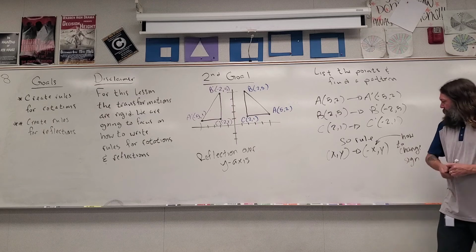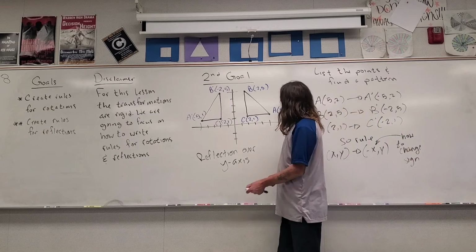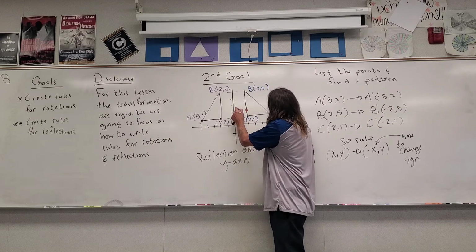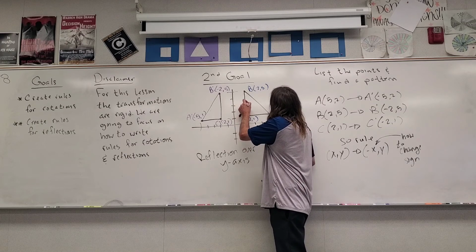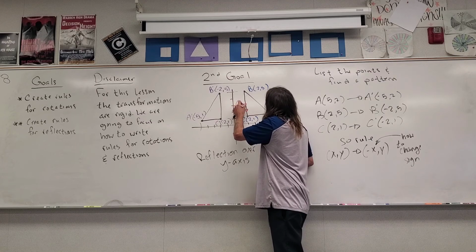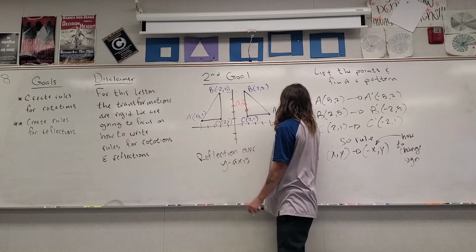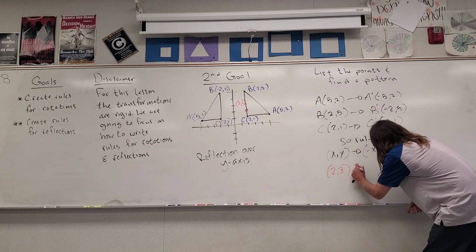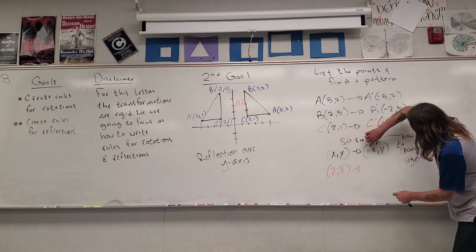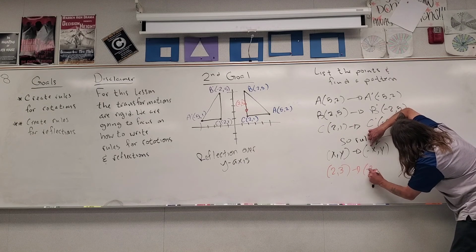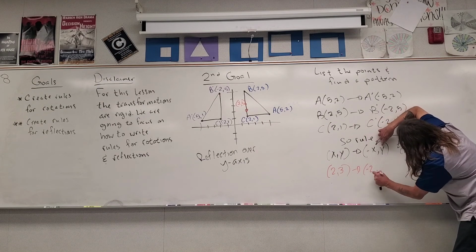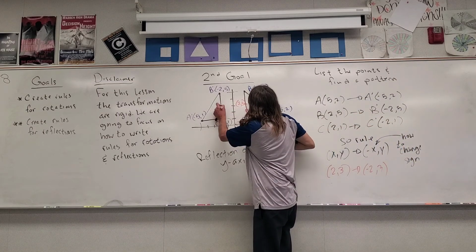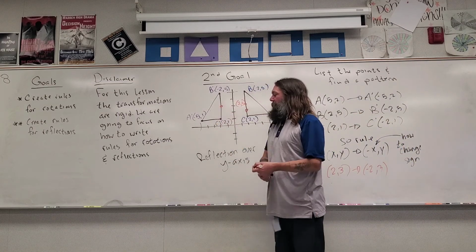So, for example, if I was to pick a random point off of my pre-image, like the point 2, 3, and I plug it into my rule, I know that the x value has to change sign, so it's going to now become negative 2, the y value stays the same, and it becomes 3. And if I was to graph negative 2, 3, you would see that I would get to the same spot.